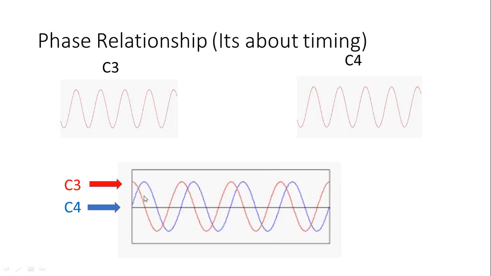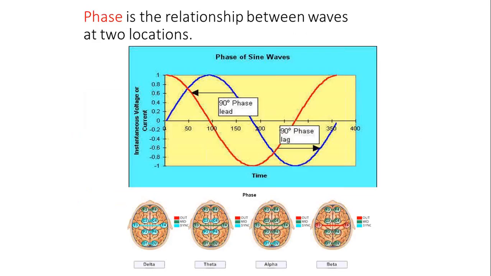So we're not just saying, are these covariant? We're saying, to what degree are they covariant with respect to phase? So let's dig a little deeper on the concept of phase, because that's fundamental to the understanding of coherence. So here we have that same thing where we have two locations going up and down in amplitude at slightly different times, and you can use a method to calculate the phase difference between them, and it's usually computed in degrees.